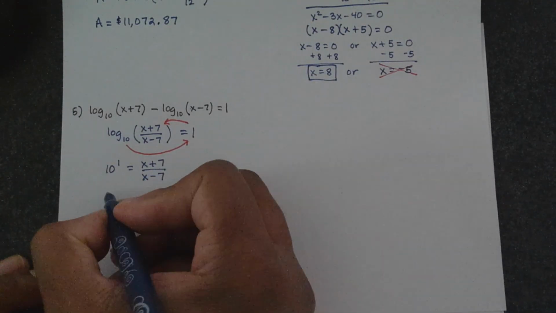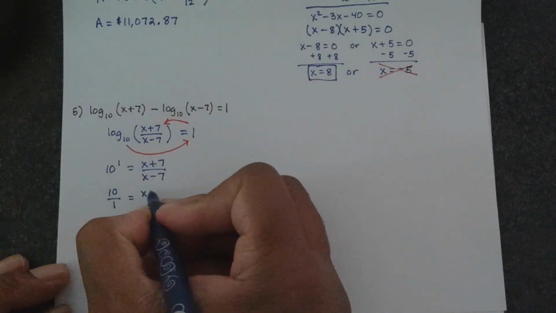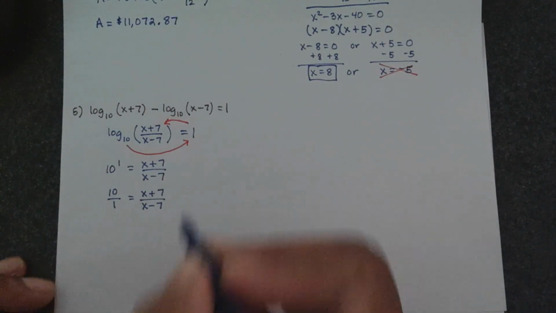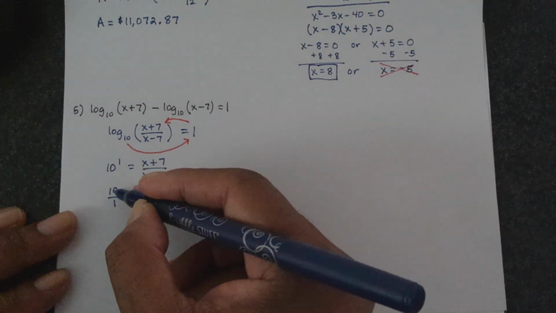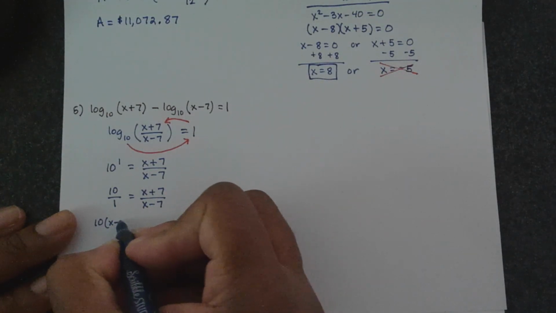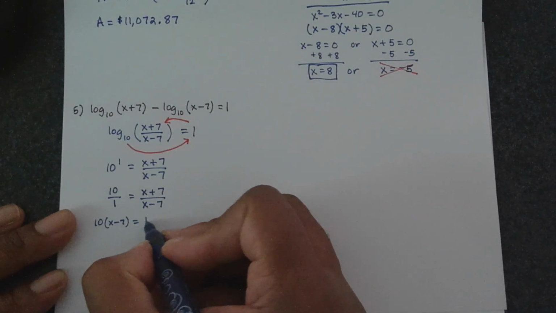And 10 to the first power will just be 10. Now, since I have a fraction on the right side, I'm going to write that as 10 over 1, equaling x plus 7 divided by x minus 7. And then do cross multiplication here. Multiply this 10 times that x minus 7, and that's equal to this 1 multiplied by x plus 7.